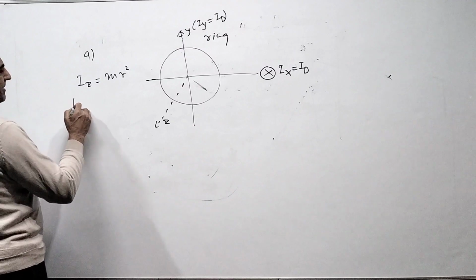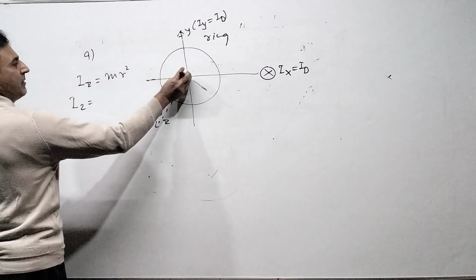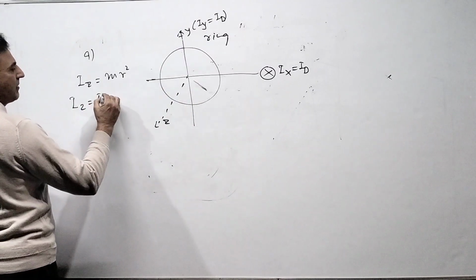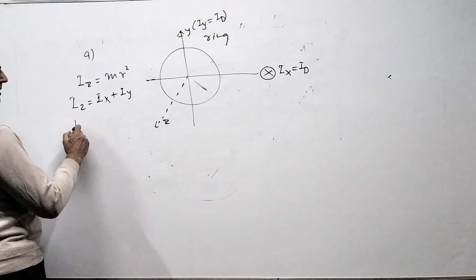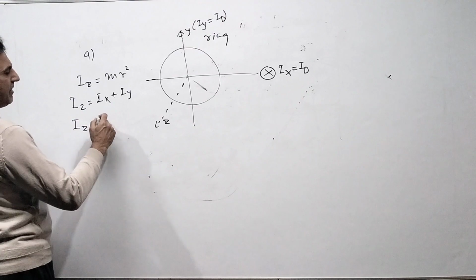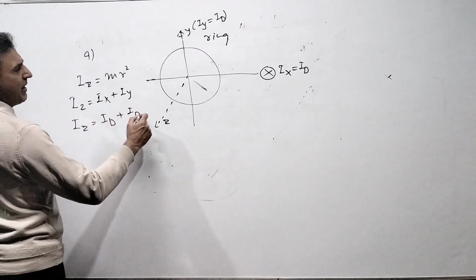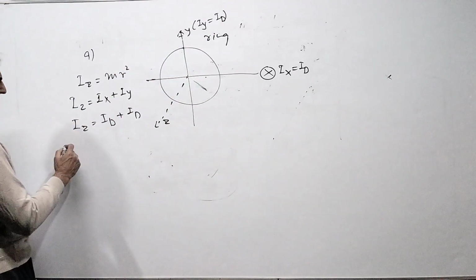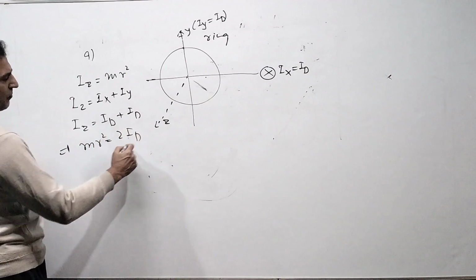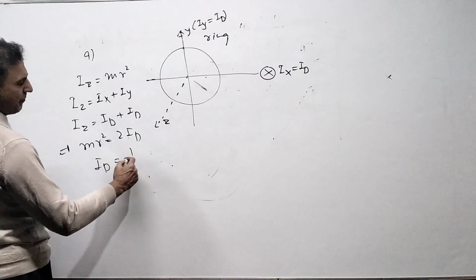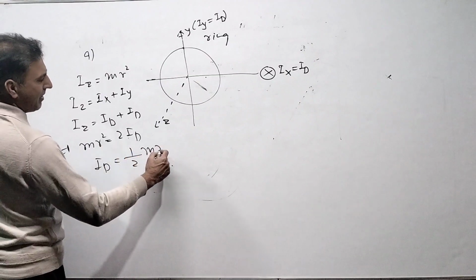Okay, now what is Iz? The moment of inertia about the z-axis is Ix plus Iy as per the formula. So Iz is Id plus Id, because both are diameter axes. So mr square is equal to 2 times Id. So what is Id? 1 by 2 mr square.